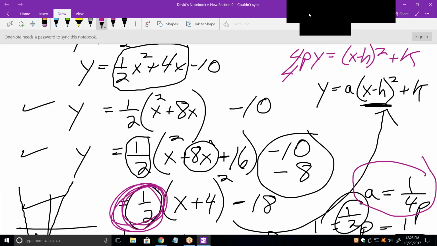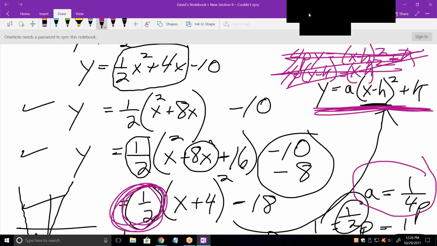It's actually 4P times Y minus K equals X minus H squared. You don't really have to learn this format. Let's just cross it out and not learn it. Every time we come across a problem, we're going to work with this format here. Then there won't be any confusion. I think partly what happened last time is that I was working with both different formats and I got my sign wrong on the 4P, and pretty soon I had two different answers.